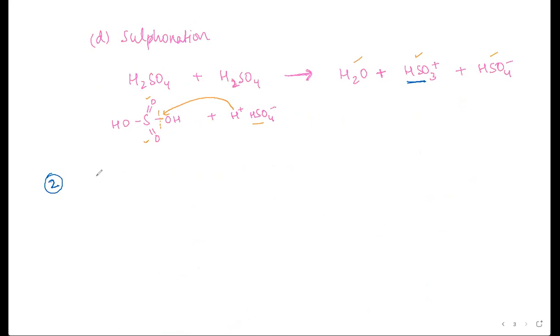the electrophile attacks benzene and forms something called an arenium ion. So it's basically a carbocation. It attacks benzene, the positive charge shifts onto carbon, so you end up with a carbocation within the benzene ring.